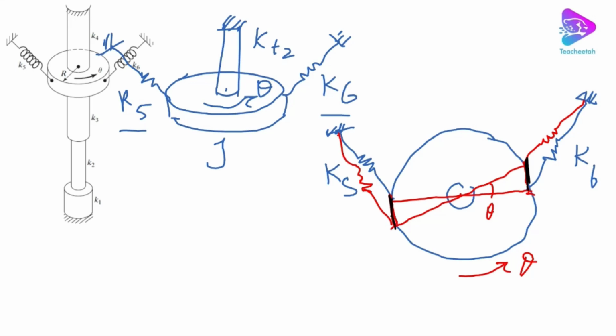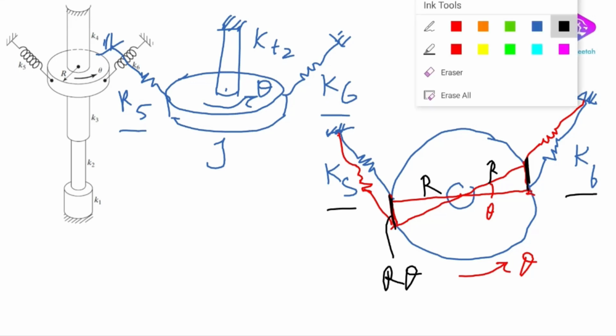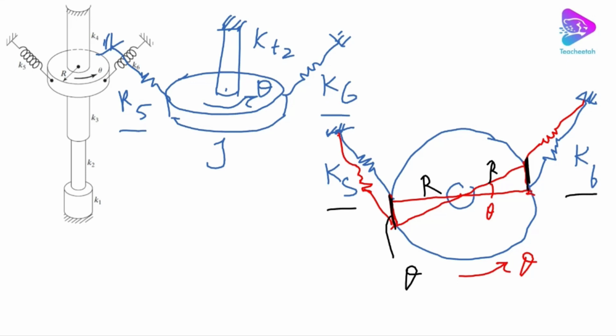And what is this amount? It is r theta. And what is r? R is basically the radius of the disk. So we can suppose that the deflection of K5 and K6 is r theta, right? This is just a simplification. So let me write again.